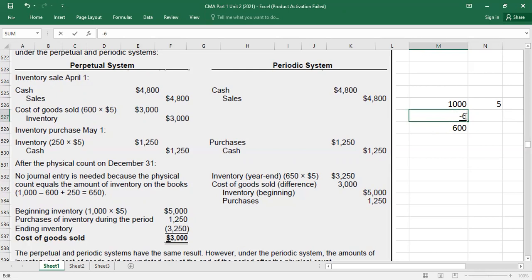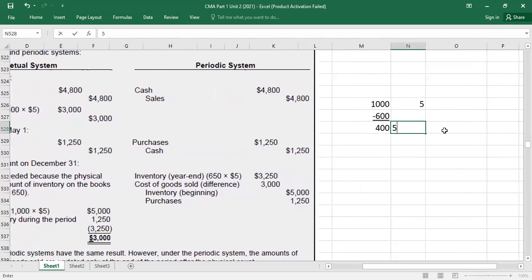So here you will have 400 remaining units with the $5 cost. This will give you a value of $2000, plus you also purchased 250 units at the rate of $5. This is also unsold, so it will give you 1250.